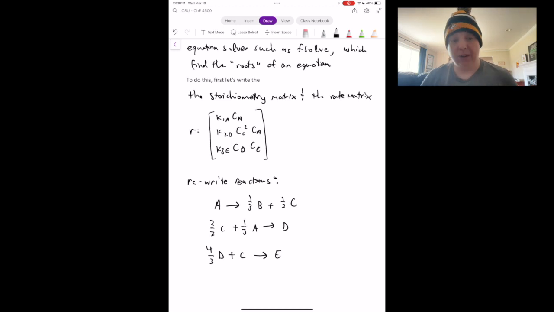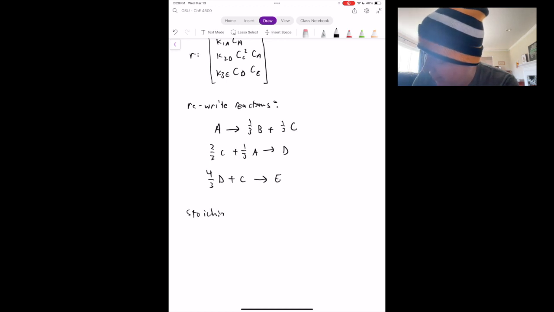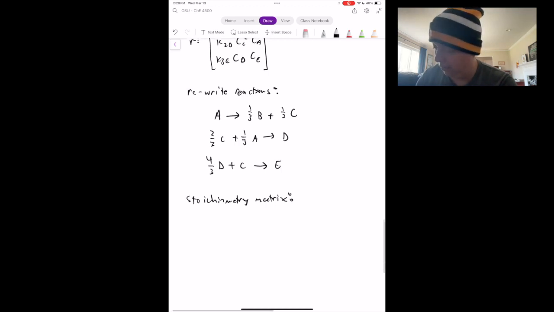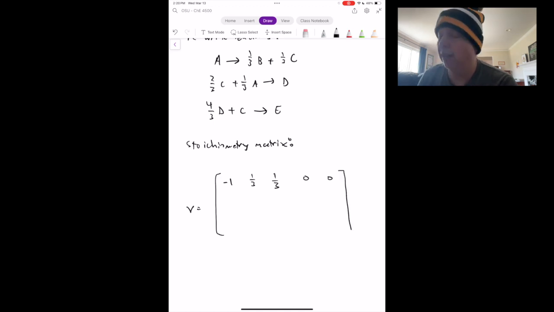Okay, so now I've rewritten my reactions, and I can now use this to write my stoichiometry matrix. As I do this, I'm going to recall that the stoichiometric coefficients that I enter into the stoichiometry matrix must be negative for reactants and positive for products.